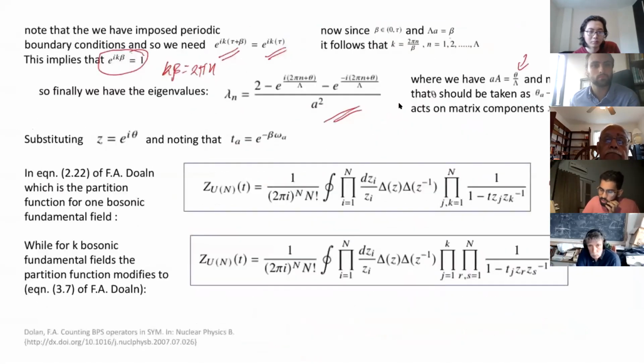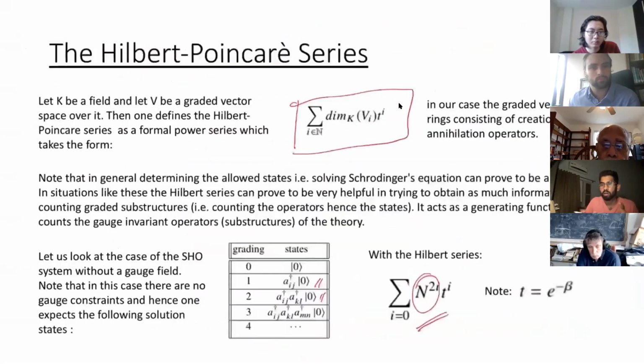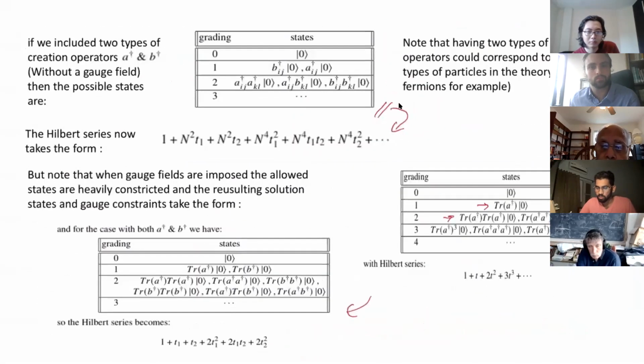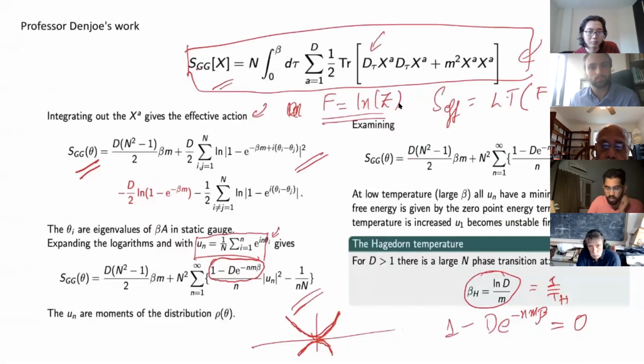If you notice the structure of these eigenvalues, 2 pi n plus theta over lambda and so on, once you have these eigenvalues, the determinant of the operator is a product of these eigenvalues. So the partition function is a product of the lambda n eigenvalues.